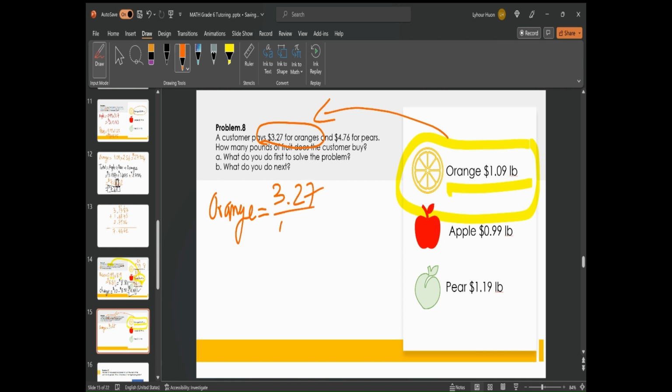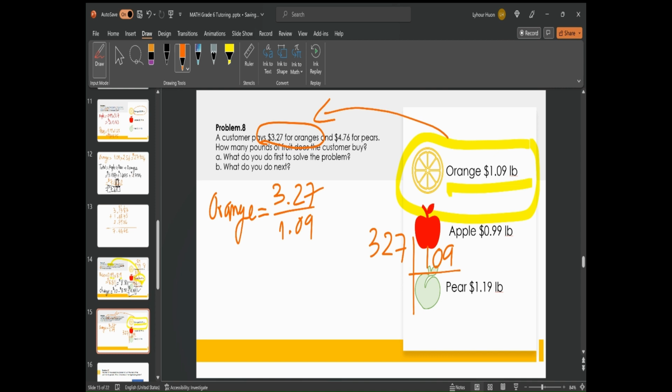Divide by 1.09. Now here we divide 327 by 109. Similarly to multiplication, first of all we don't care about the decimal. We care about it when we get the answer.